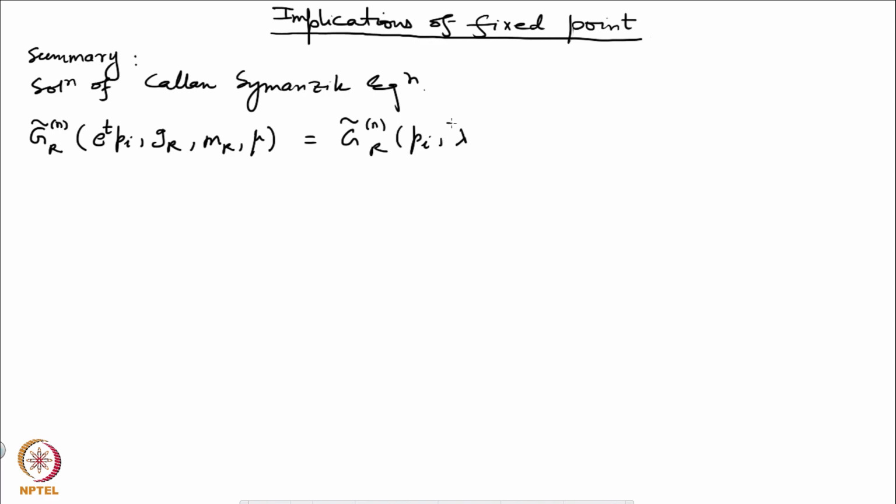So we have seen that you can relate the Green's function on the left hand side to the same Green's function without scaled up momenta, but with the coupling constant replaced by the running coupling and running mass, and the mass parameter m_R replaced by m bar, the running mass.